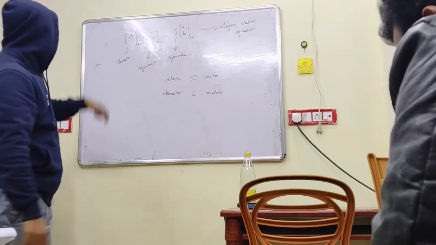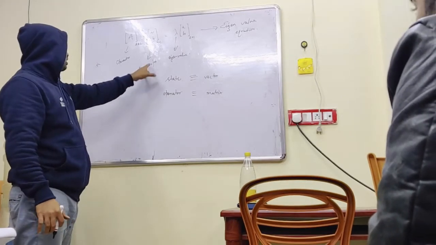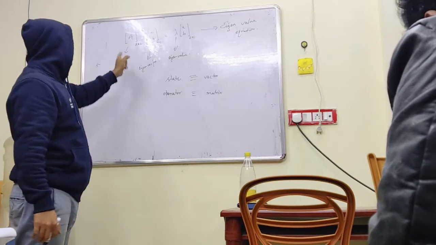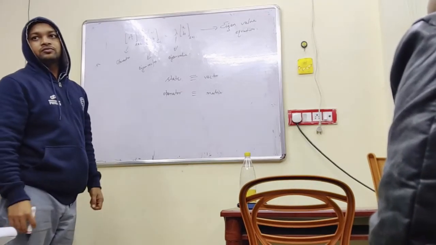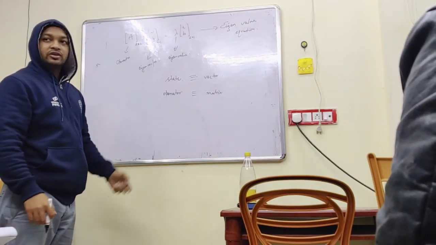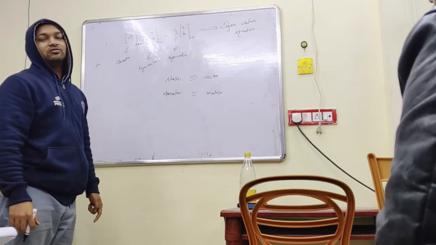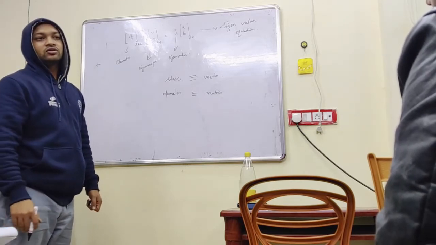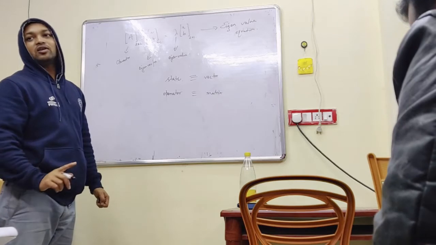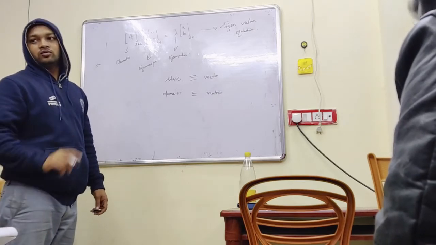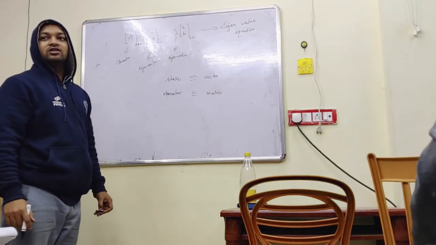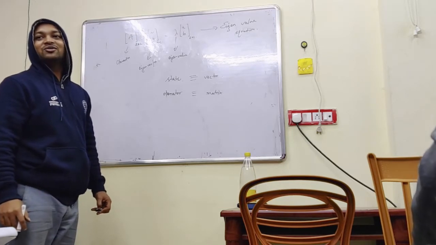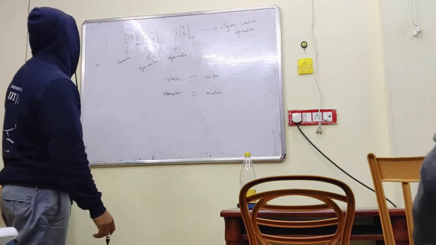So these eigenvectors and eigenvalues are of this operator. Operator has certain eigenvalues and certain eigenvectors. I'm not going to tell you how to calculate eigenvalues and eigenvectors. It is your job. I believe you would have studied it and forgotten it as well. So do revise it.